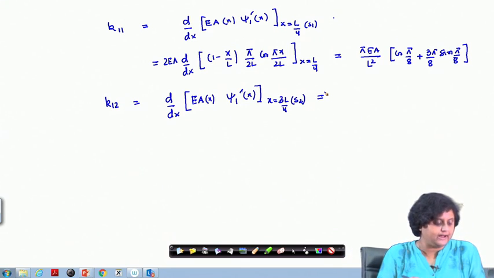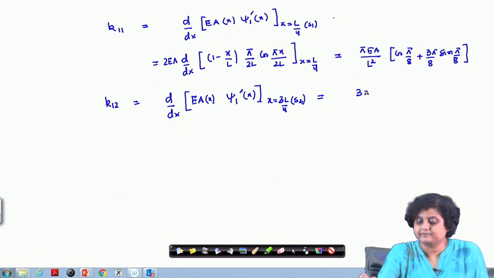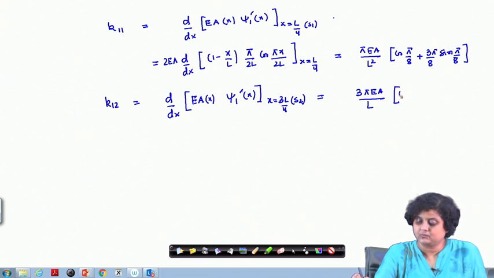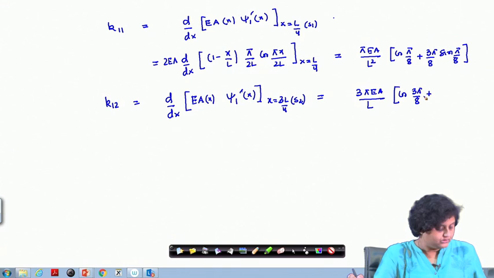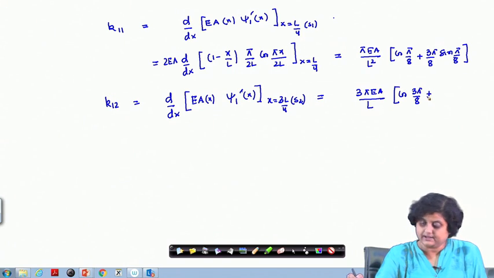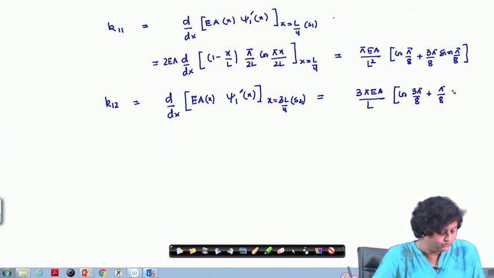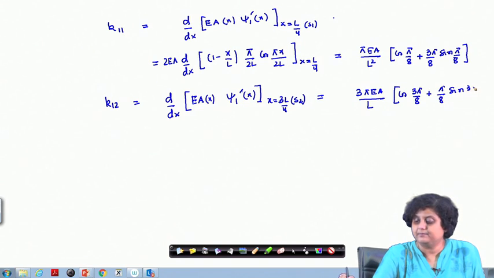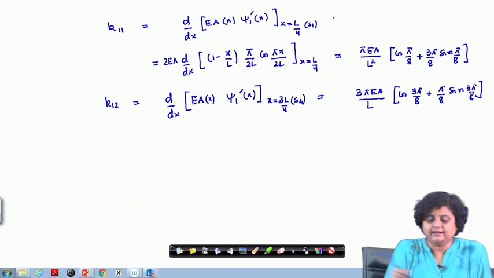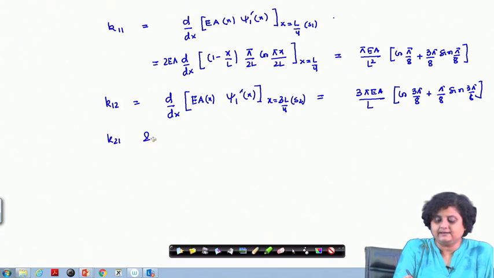If you look into that, that is going to be equal to 3 pi EA by L cos 3 pi by 8 plus, sorry, this is pi by L square, 3 pi by 8 plus pi by 8 into sin 3 pi by 8. Similarly, I can find out k21 and k22.